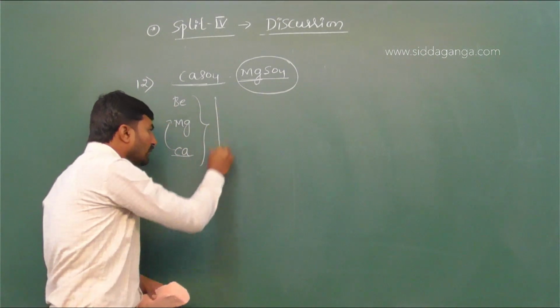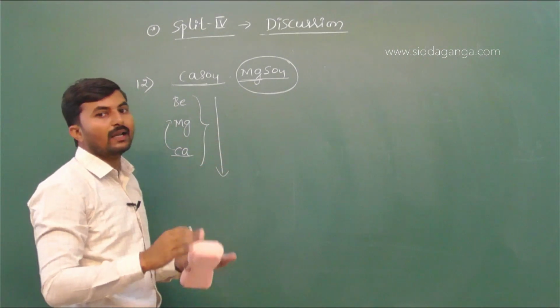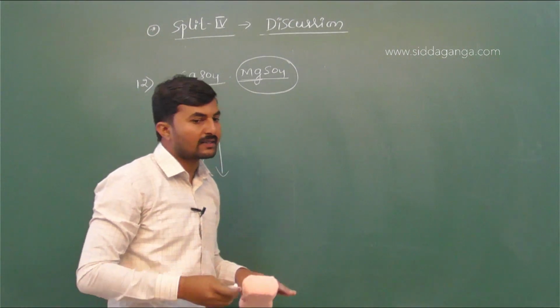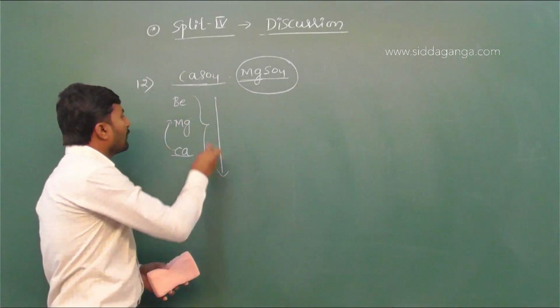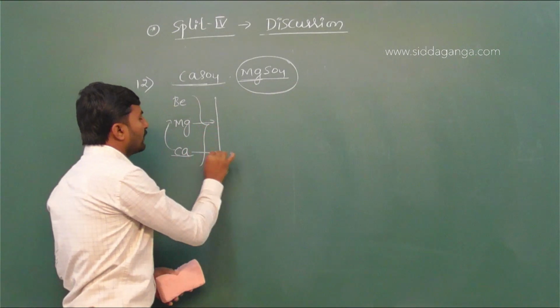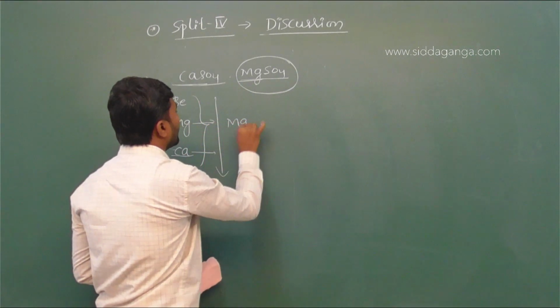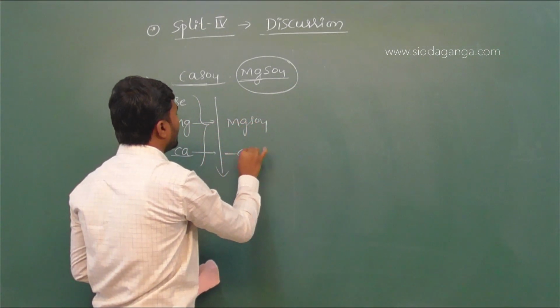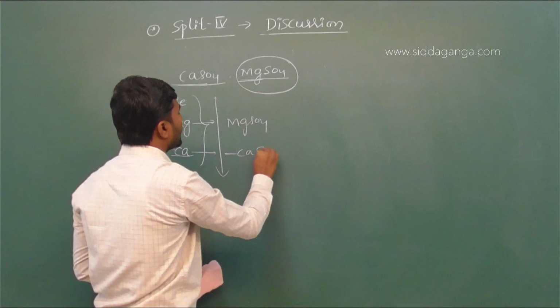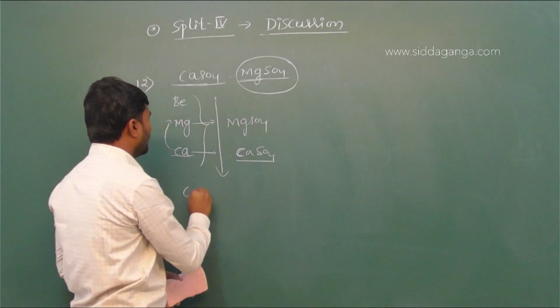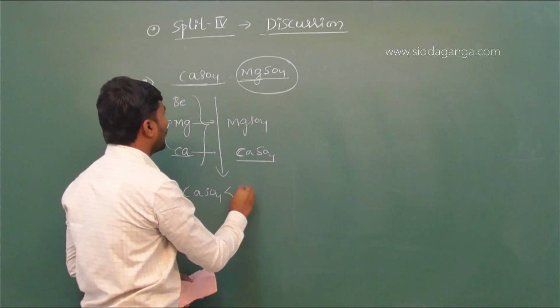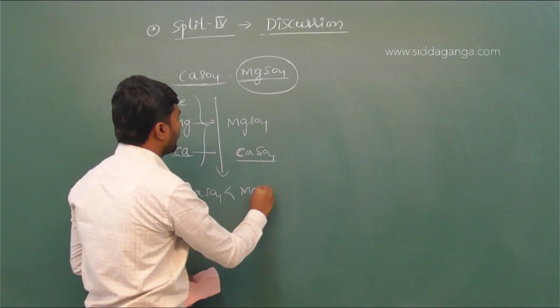As we move down the group, the solubility of alkaline earth metals decreases, especially the sulfates. The solubility of calcium sulfate is less than that of magnesium sulfate.